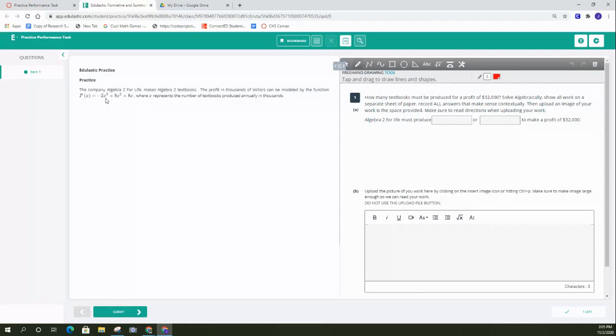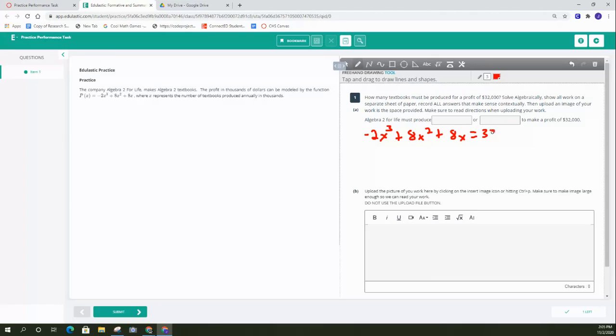So I'm going to set up my equation. What I want to know is when it equals 32,000. So negative 2x cubed plus 8x squared plus 8x. I want to know when that equals 32,000. Since this is in thousands, I just set it equal to 32.